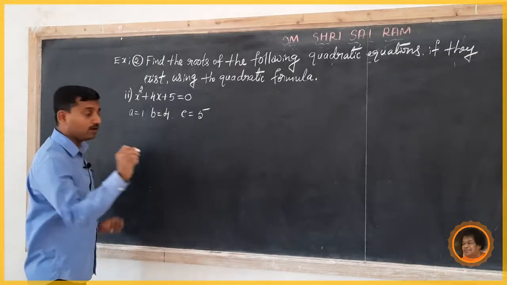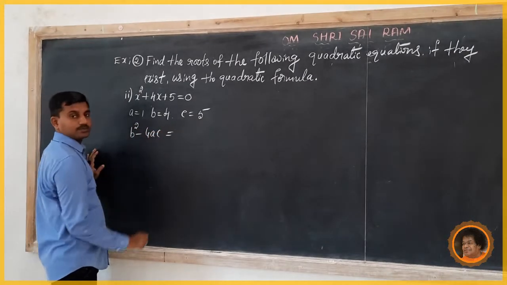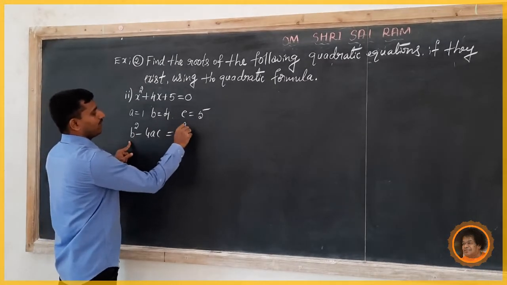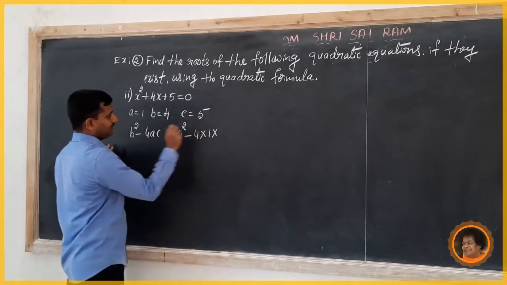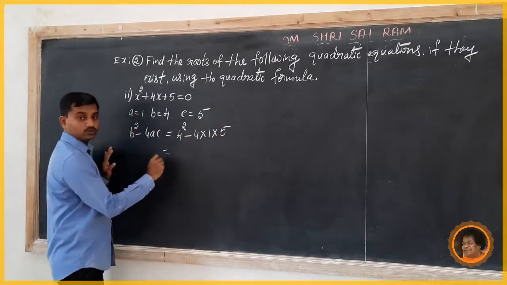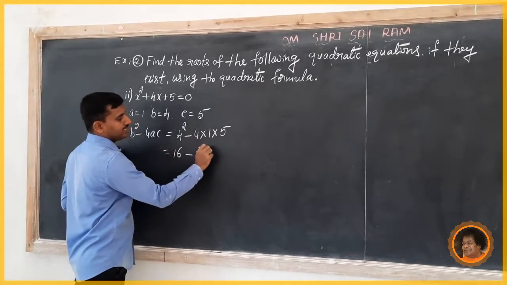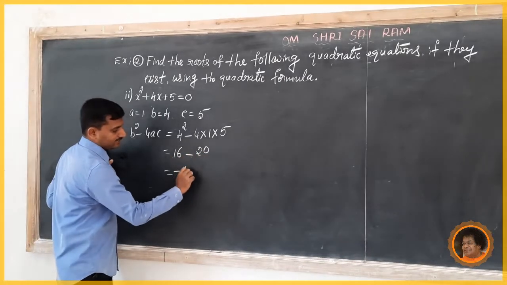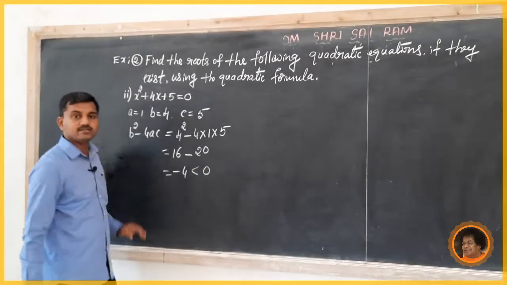First find the value of b square minus 4ac. b square means 4 square, minus 4 into a, which is 1, and c value 5. So 4 square is 16 minus 4 into 5, that is 20, equal to 16 minus 20, the answer is minus 4, which is less than 0.